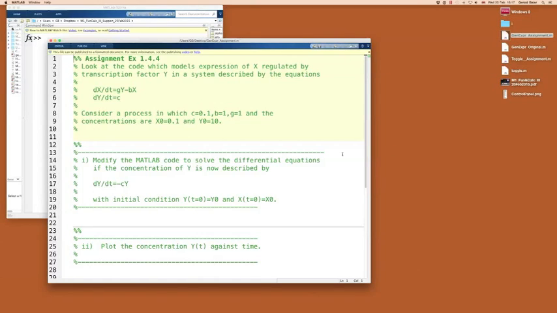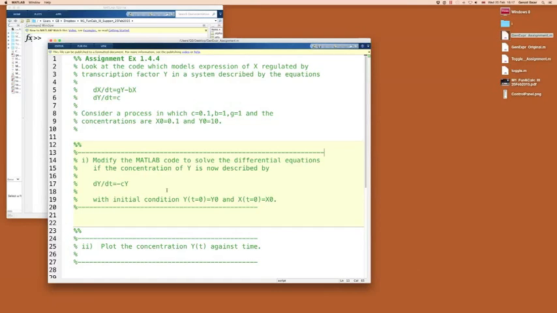In the first sub-question, it says take the code that was given originally in the textbook for this above model and modify one of the equations. So Rob, how would you define this modification? What is happening here actually?